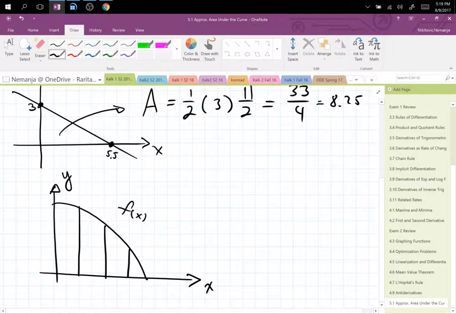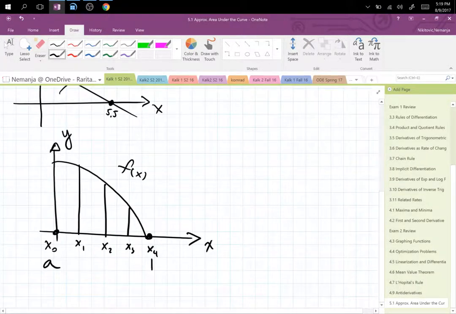We are partitioning our domain from x0 through x1, x2, x3 to x4, which is a to b.